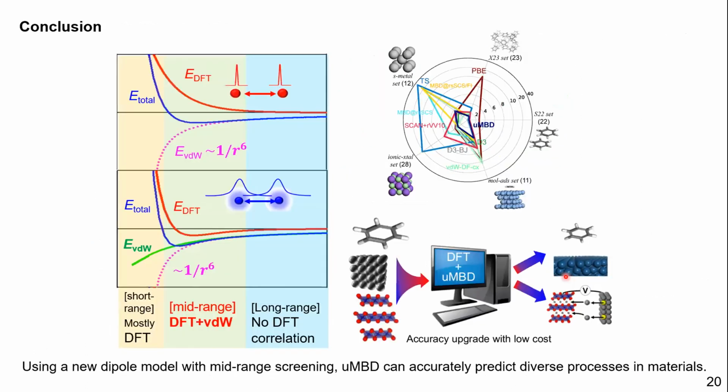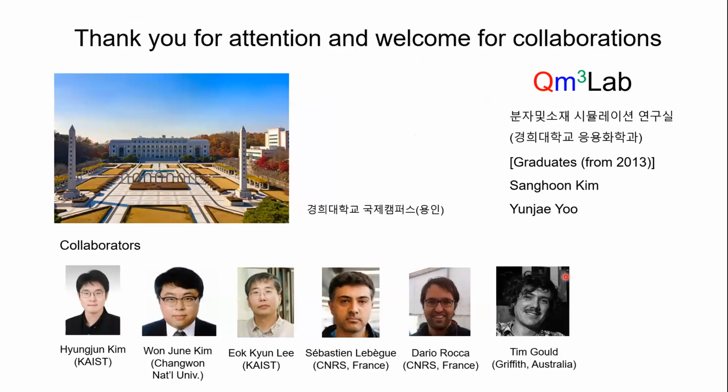So the UMBD method gives very good agreement with the experimental values for these different types of systems, but previous methods fail in some of the systems. So based on this universal accuracy, the UMBD method shows very good agreement with experimental values with respect to the intercalation potentials as well. Yeah, so I'm sorry for the delay.